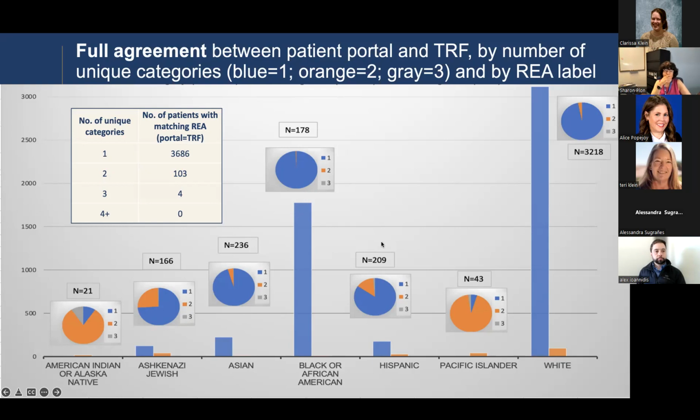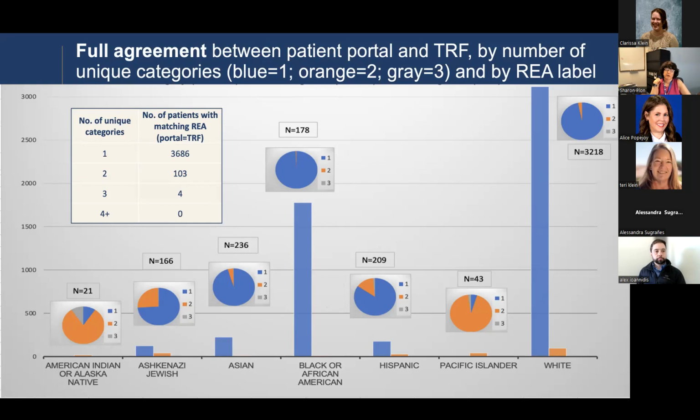Whereas if you have Pacific Islander, Hispanic, Ashkenazi Jewish, or American Indian or Alaska Native, you're more likely to have two categories to describe you, and American Indian or Alaska Native is proportionally the most likely among all of the groups to have three categories.